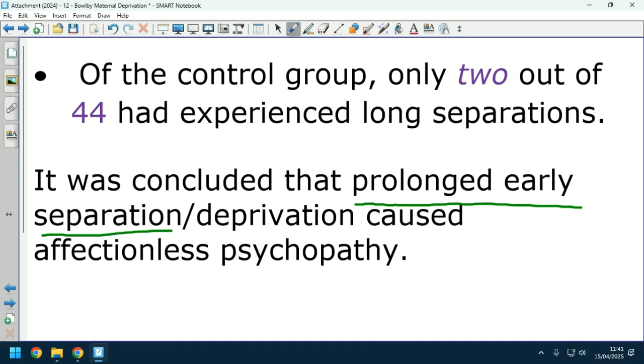Okay, so as I said, this is an additional piece of work. I would probably not include it in the knowledge part of any essay, but I would certainly consider using it as research to support Bowlby's maternal deprivation hypothesis. But we're going to see that this is not the best research to use.